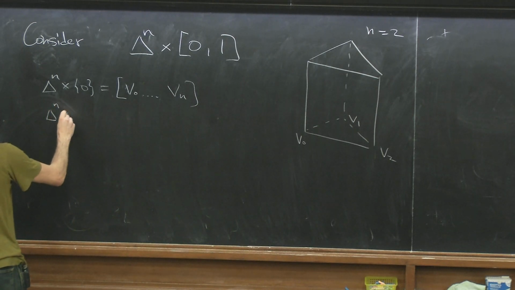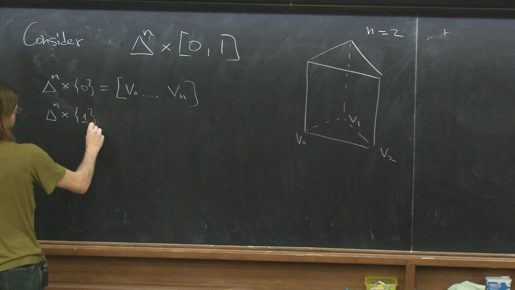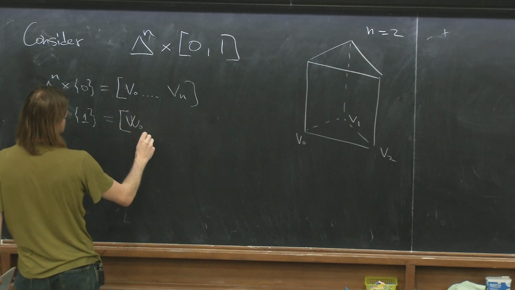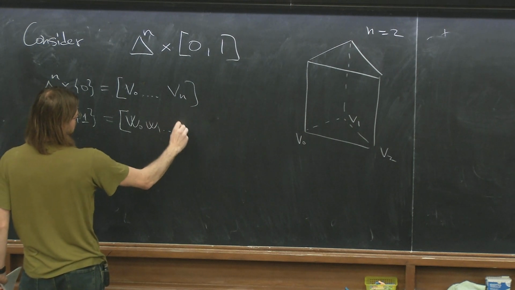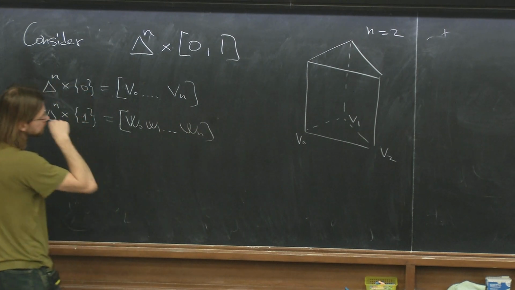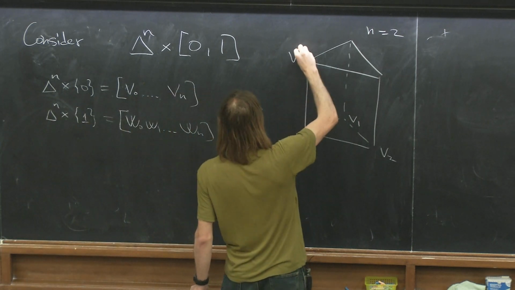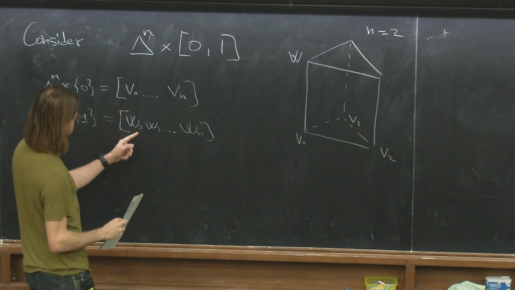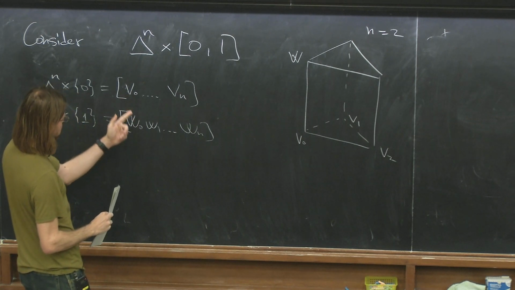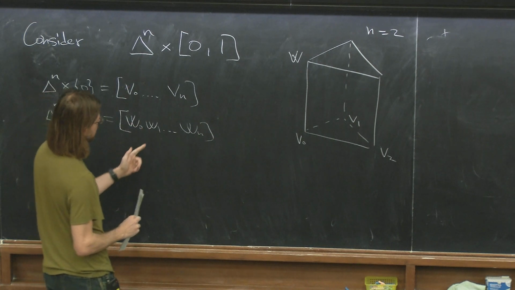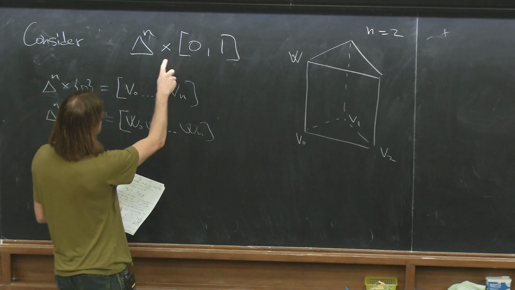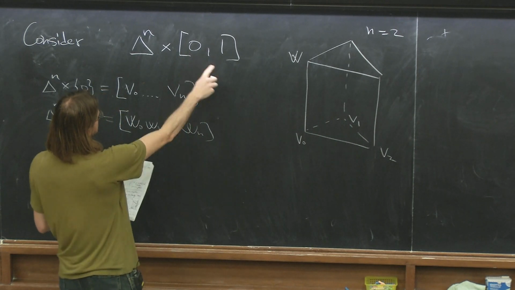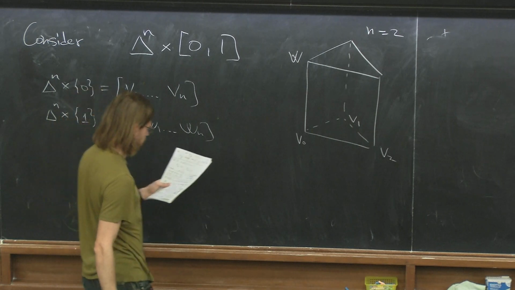And for the simplex at the top, we will choose the notation W0, W1, ..., Wn, so that the vertices with the same index form the boundary of a copy of the interval [0, 1].